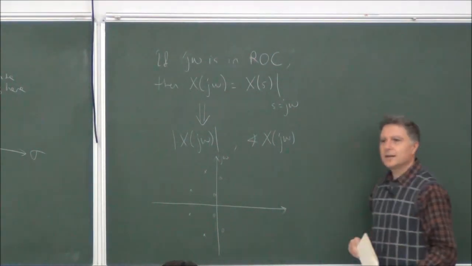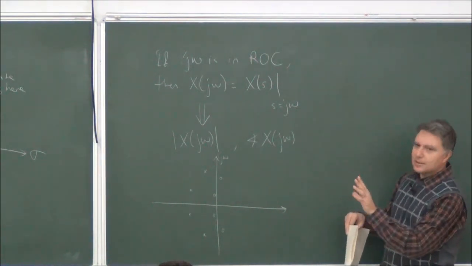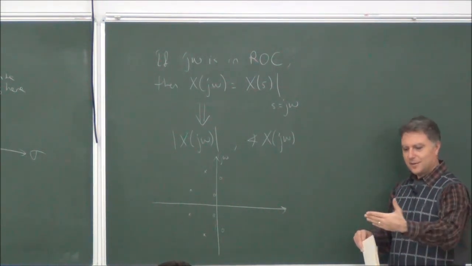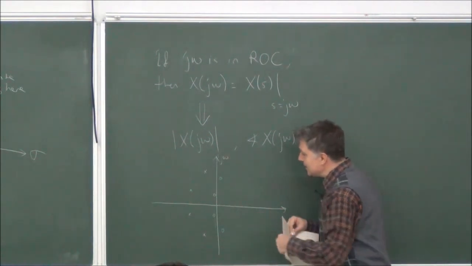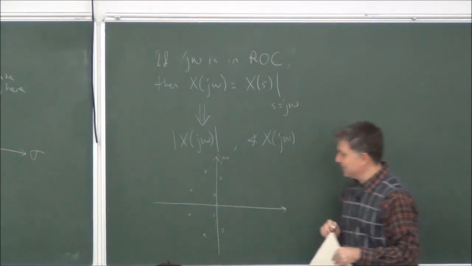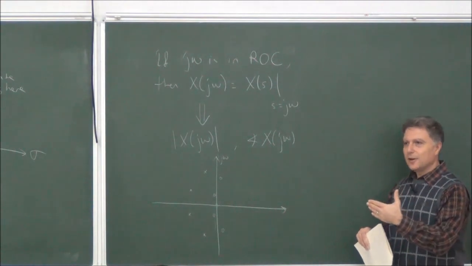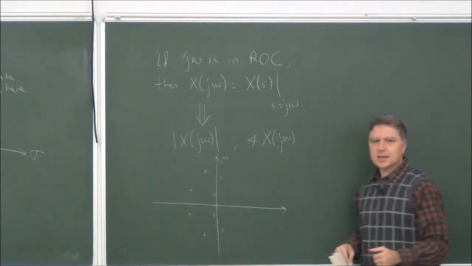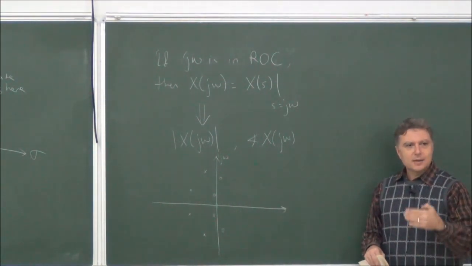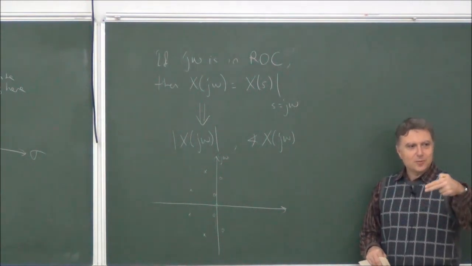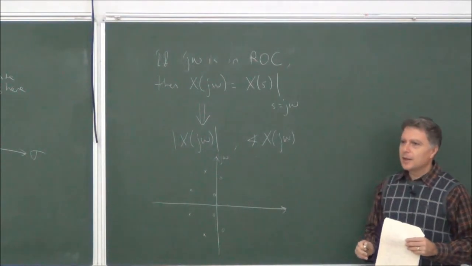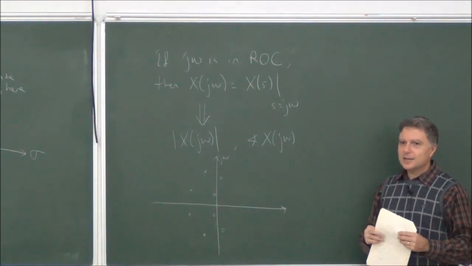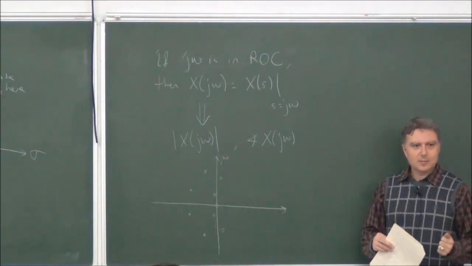I cut the cake and I take a look at the profile of that cake. For example, if there is a zero, let's also put a zero here, along the j omega axis, I know that the cake will go down to 0 in the profile, which is the magnitude of X of j omega. That is the profile of the cake that I'm looking at.